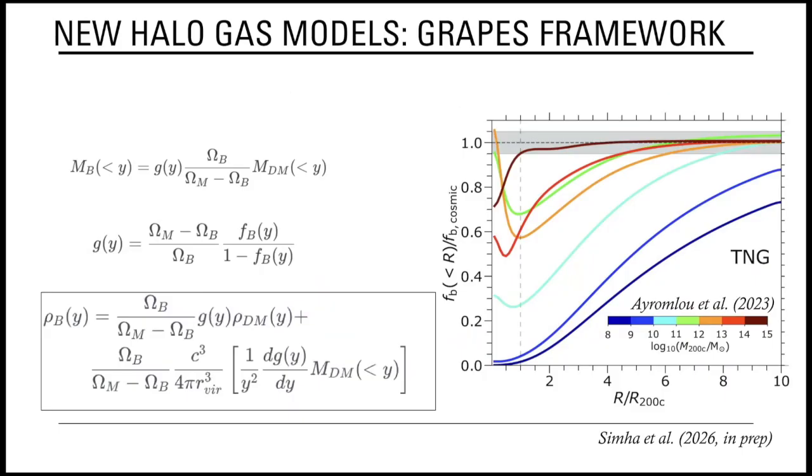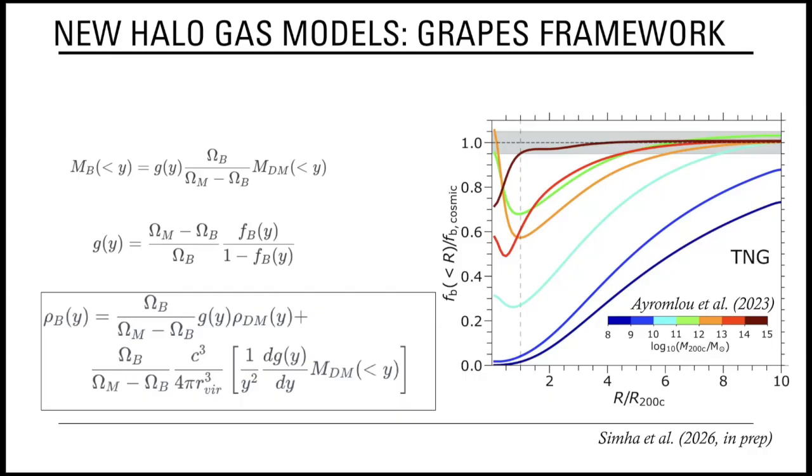This was great, but it had a serious flaw in that if you extended the halo gas model to larger radii, then it would start diverging. So in order to be more physically motivated, and take inspiration from simulations, we developed this Grapes framework.